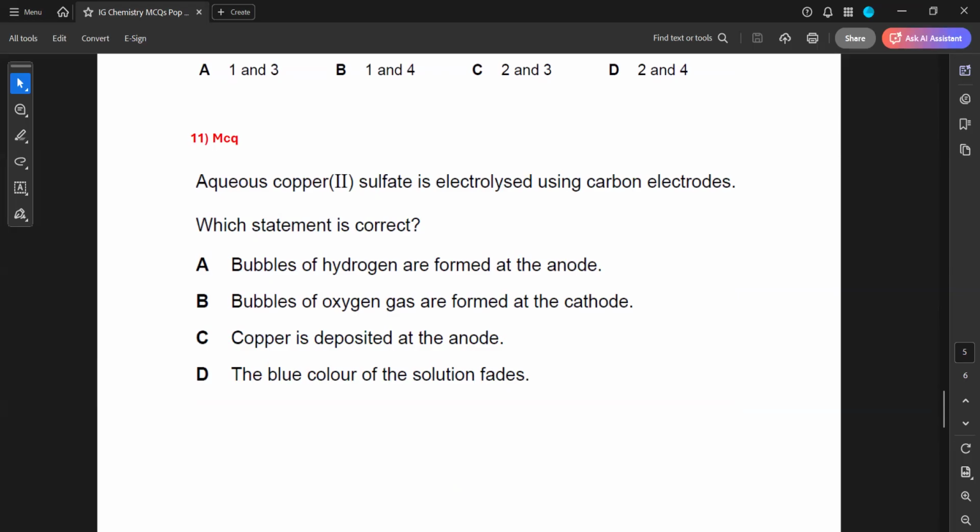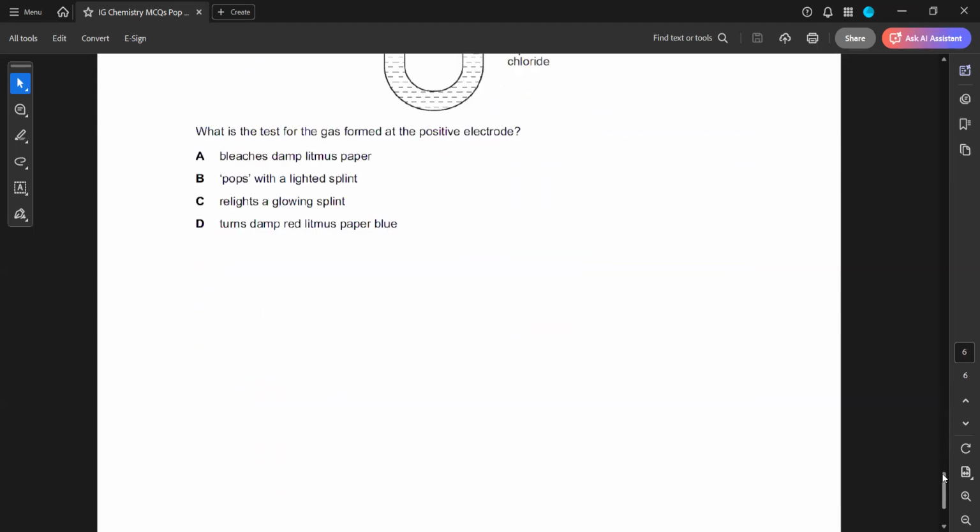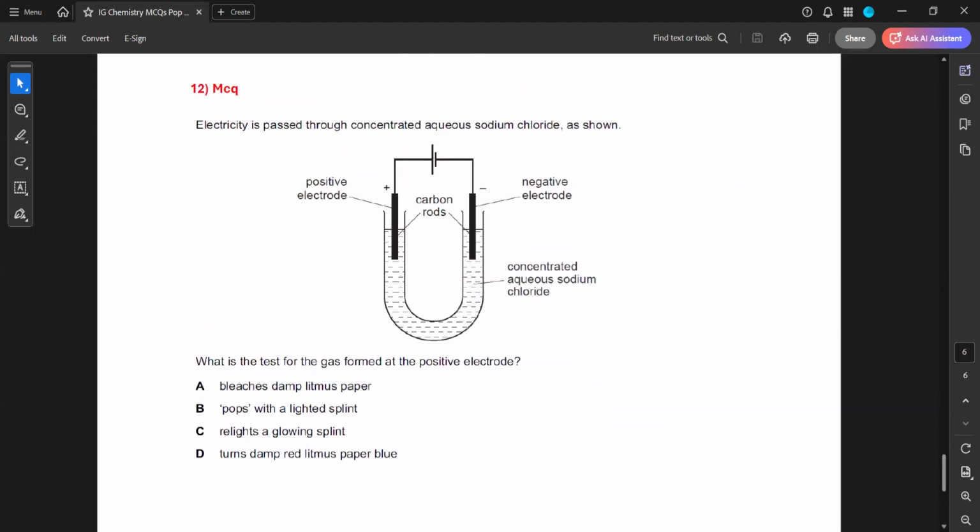The correct answer for this one is D as well. Question 12, any doubt? Question 12. The correct answer for this one is A.